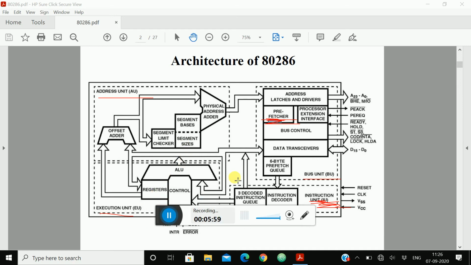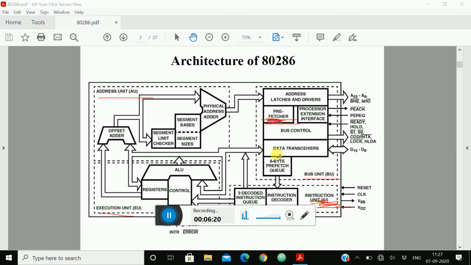Now, if the 80286 is operated in PVAM mode, then it uses all 24 address lines to access up to 16 MB of physical memory.